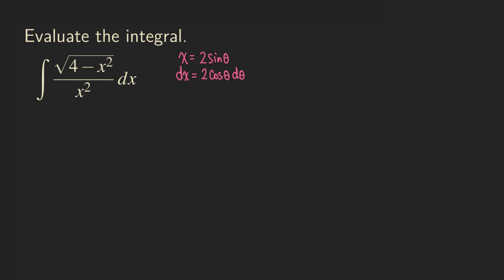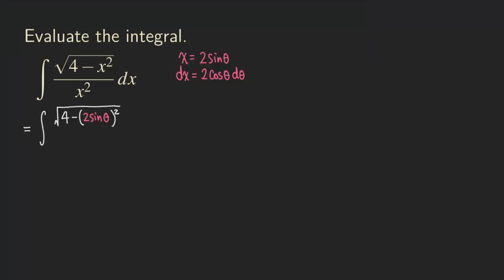Okay, so the way that we do it is that we are going to have the integral, right? And then we have the square root, the 4 minus some stuff squared. And what is that stuff? That stuff would just be this expression right here. We have the 2 sine theta.